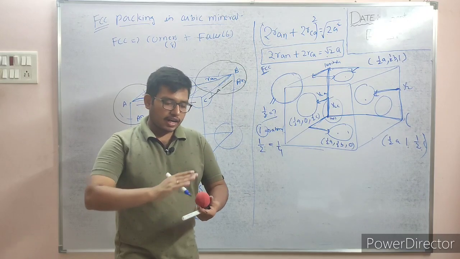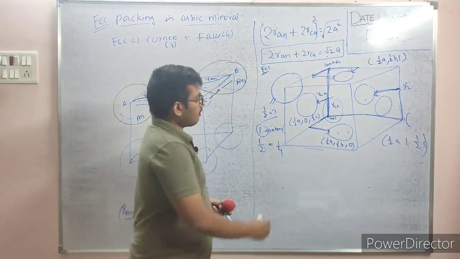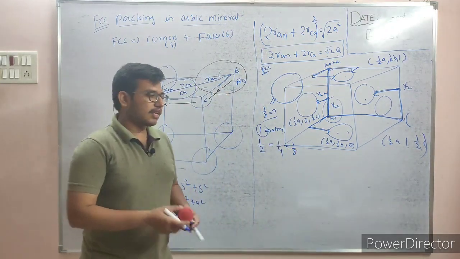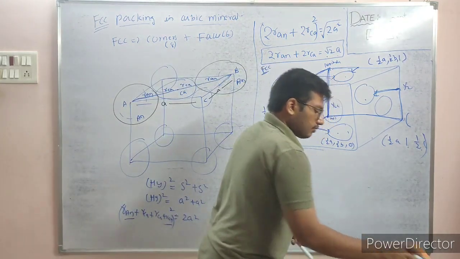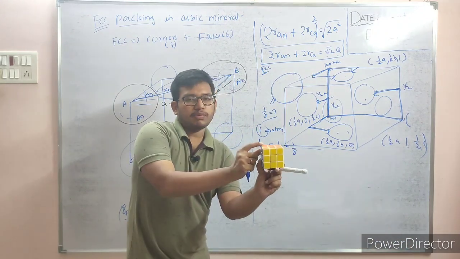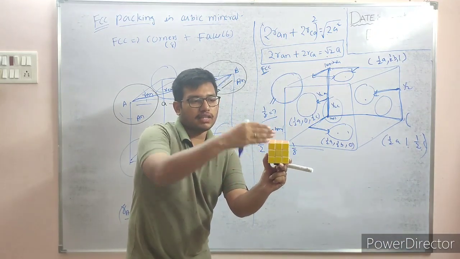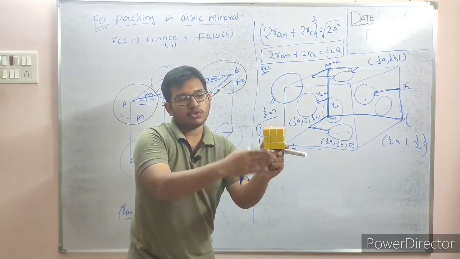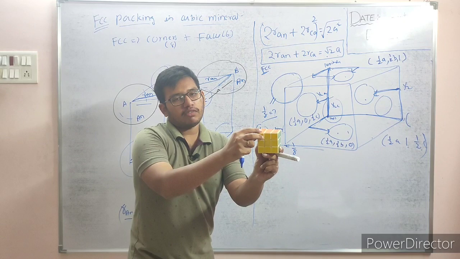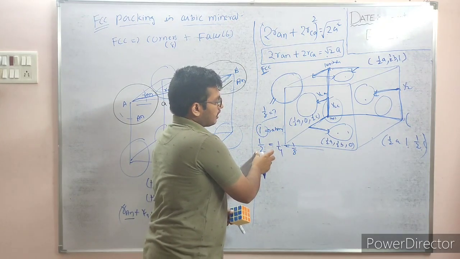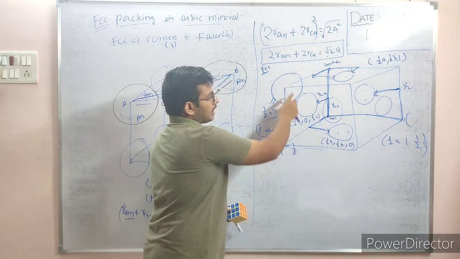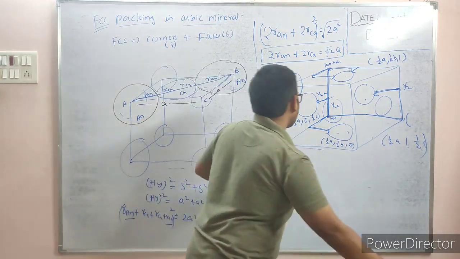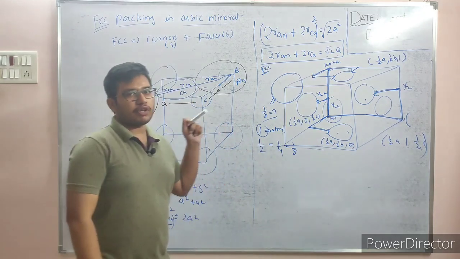And now we are cutting in this direction also, then we get 1/8. Because in the cube it is present at the corner, it should be cut like this, like this, and like this. So when you cut the sphere 3 times, it becomes 1/2, then 1/4, then 1/8. That's why each corner atom contributes 1/8. I am saying this for your knowledge, because these things you have to remember.